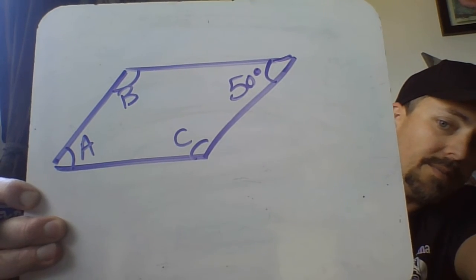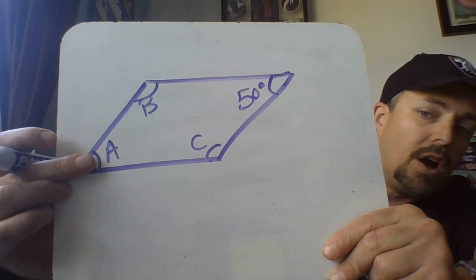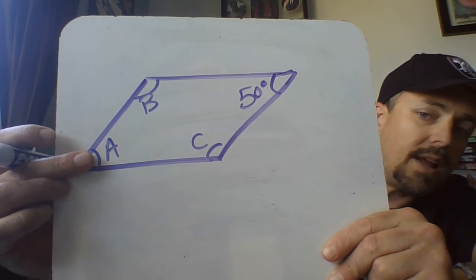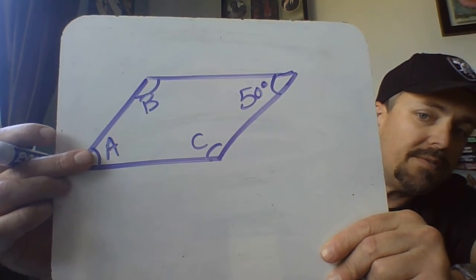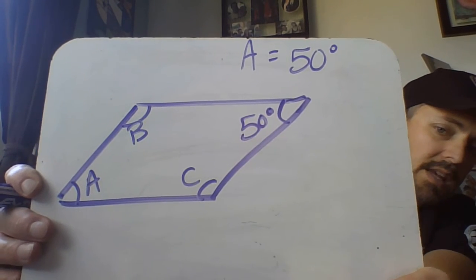Now on parallelograms, opposite angles are equal. So you know that angle A right here has to be congruent with the 50 degrees. Angle A is the most obvious one that you will know on this parallelogram, but we still don't know what angles B and C are.